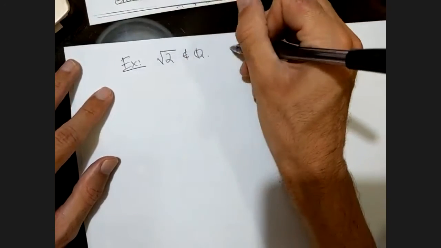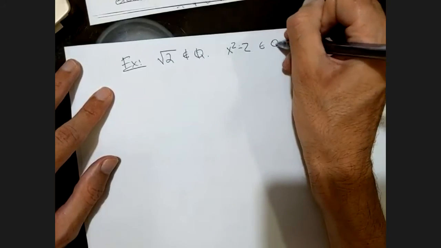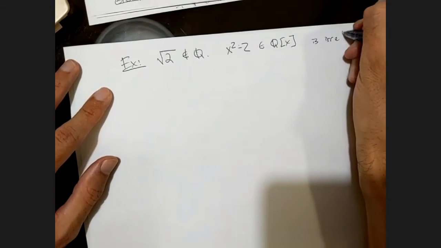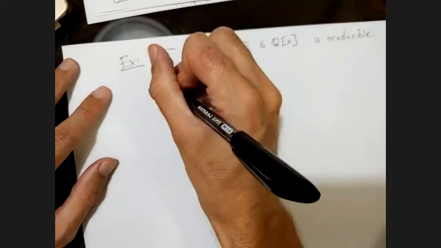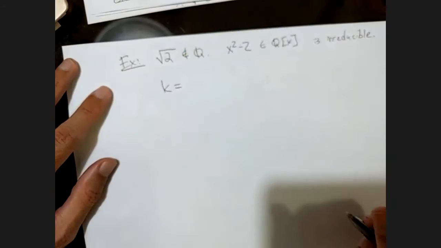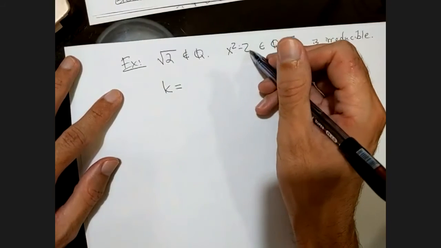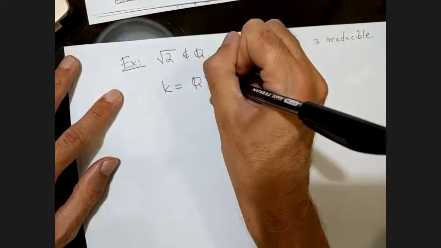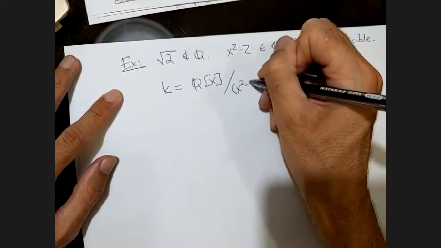Therefore, x squared minus 2 is irreducible. Therefore, you can construct a field in which the square root of 2 exists by looking at the polynomial ring mod out by x squared minus 2.